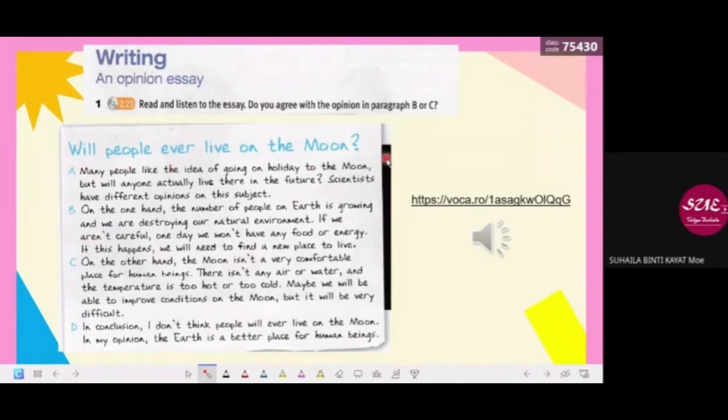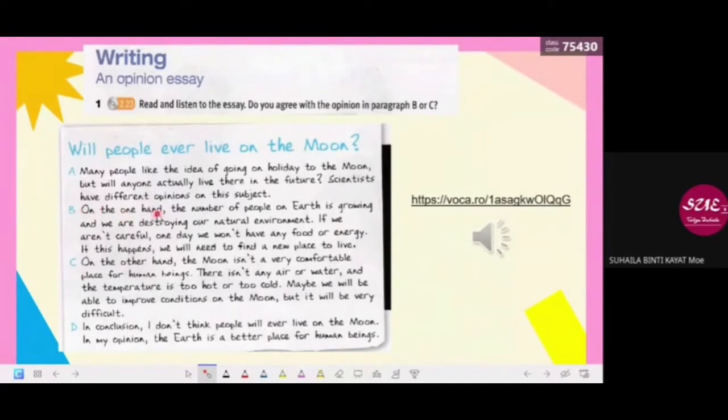Okay, if you look at this, A, B, C, D. This is the layout that you are going to write nanti for your question. A is the introduction. B and C is your content. D is your conclusion. So, in your paragraph B and C later on, you must masukkan this one.